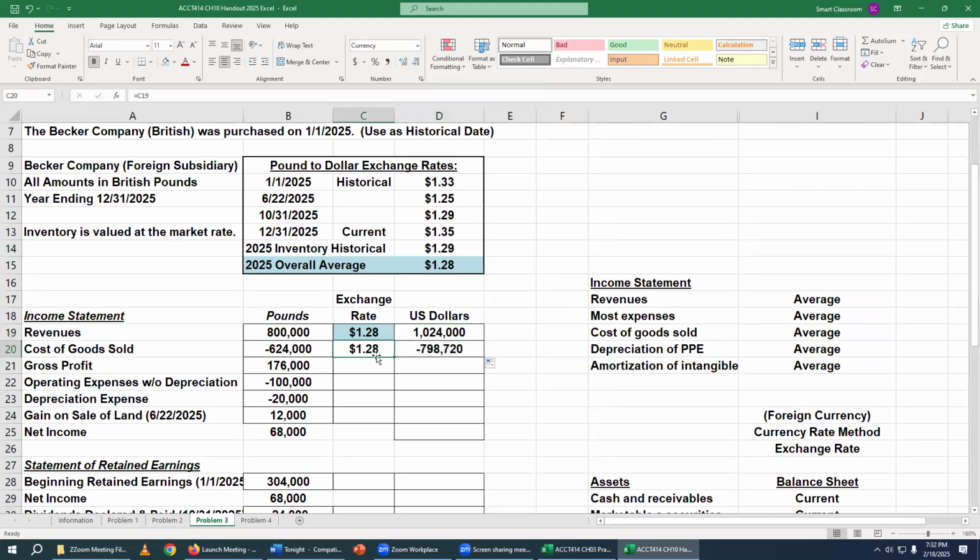Now, truthfully, you could get away with it on this one to put the gross profit, because these two are the same, you can do that one. I'm gonna do it separately, because on the other method you get in trouble doing that, because you use a historical rate often for the cost of goods sold. Okay, all this other stuff is for the most part gonna be the same.